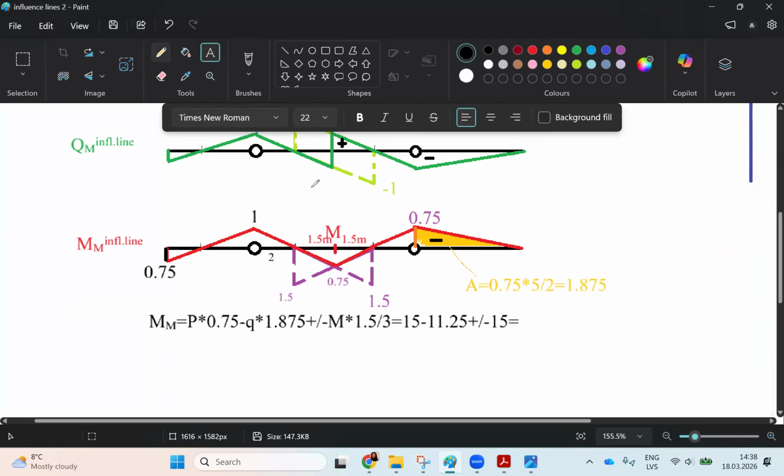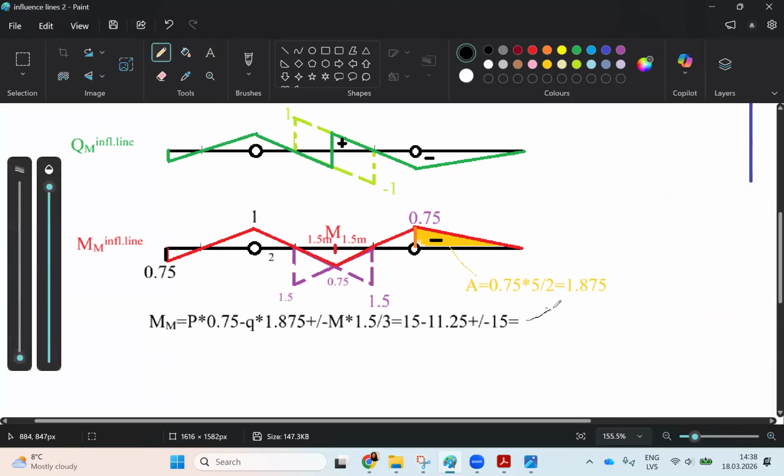Let's spread it. One is which one? To the right, it was positive 1125.